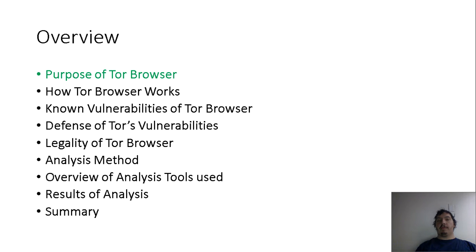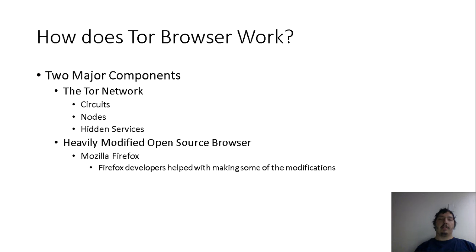Now we've talked about the general purpose of what Tor Browser does. Now we need to know how exactly, or at least the high-level details of how Tor Browser works. There are two main components, one of which I've already mentioned, the Tor network, as well as the actual browser itself.